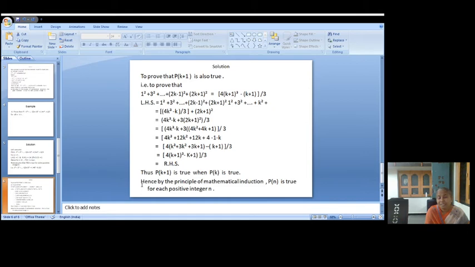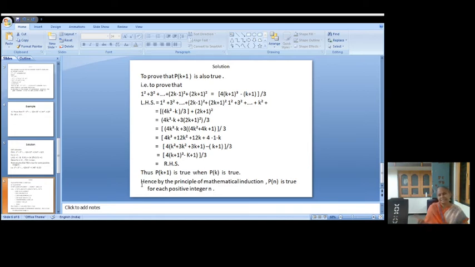Now here the last term is 2k minus 1, and therefore here we replace k by k plus 1 only, and hence we get 2 in bracket k plus 1 minus 1, means we get 2k plus 2 minus 1.